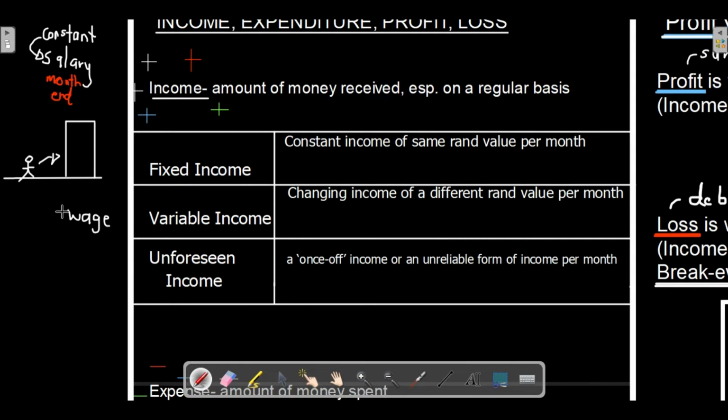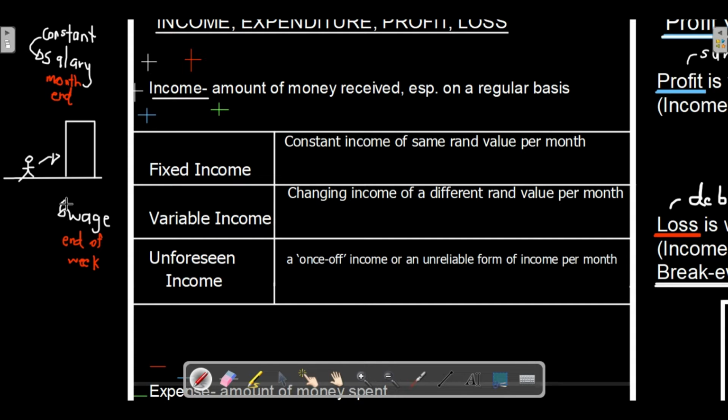When it comes to a wage, you get paid every week, at the end of the week, and the amount of money you receive is dependent on your working hours, so it can fluctuate. How many hours have you put in working?